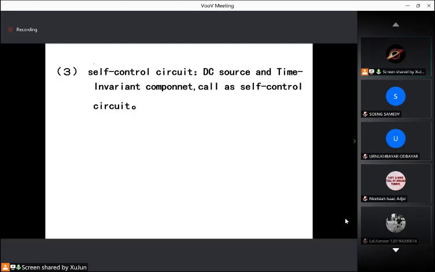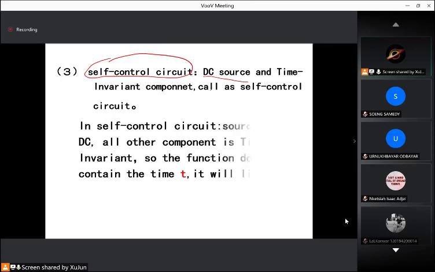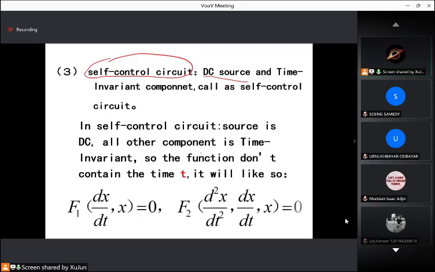Self-control circuit. This is a new concept. If the circuit contains a DC source and time invariant components, we call it a self-control circuit. So the function will not contain the time t.